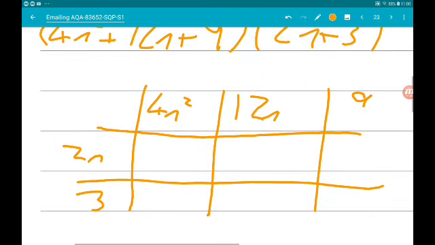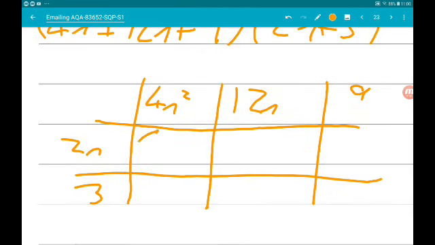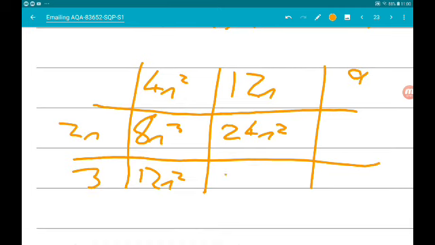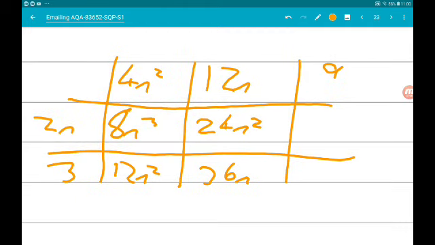So 2n times 4n squared is 8n cubed. 3 times 4n squared is 12n squared. 2n times 12n is 24n squared. 3 times 12n is 36n. 2n times 9 is 18n. And 3 times 9 is 27.